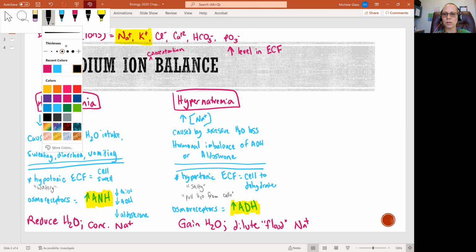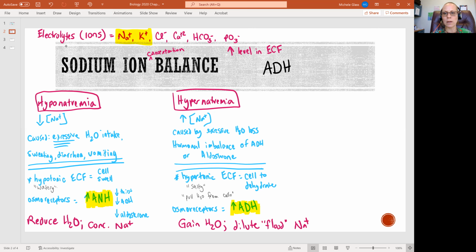So let's take just a little bit of time to remind ourselves about ADH. ADH is our antidiuretic hormone. It can also go by the name vasopressin. This one has like two major jobs. So one of its jobs is to constrict peripheral arterioles.